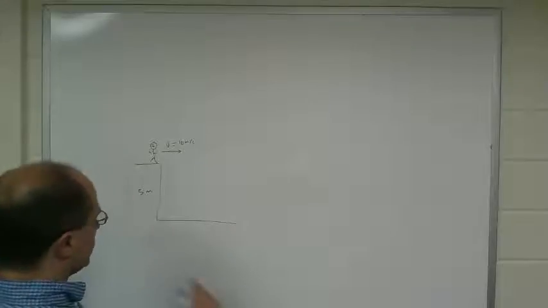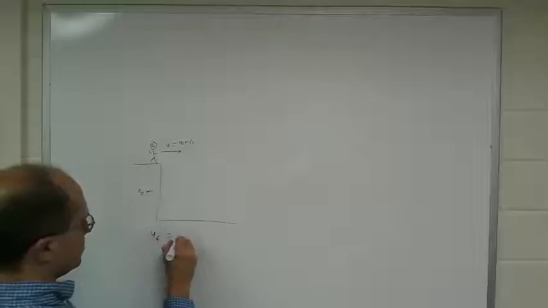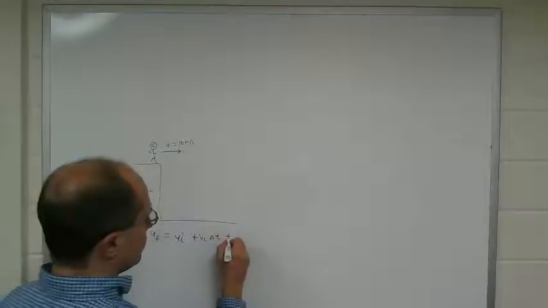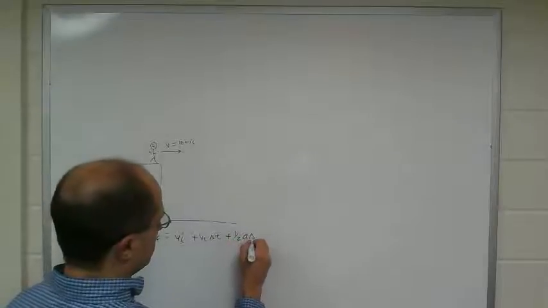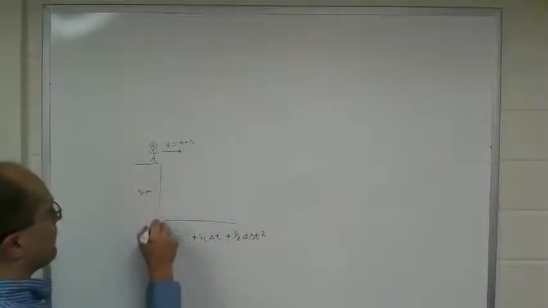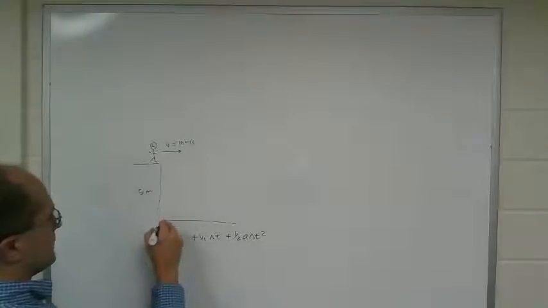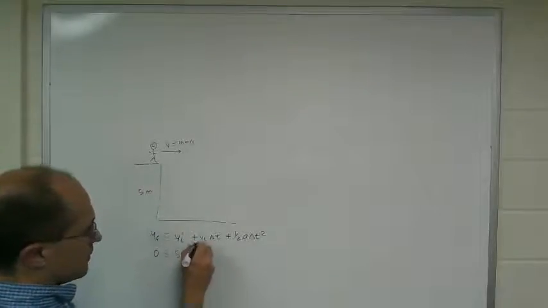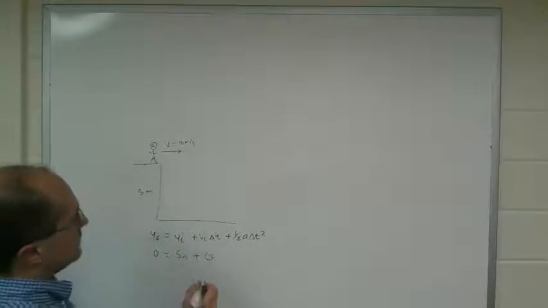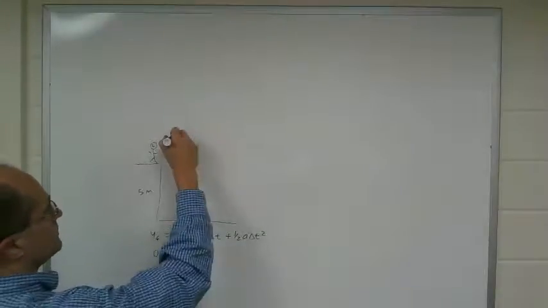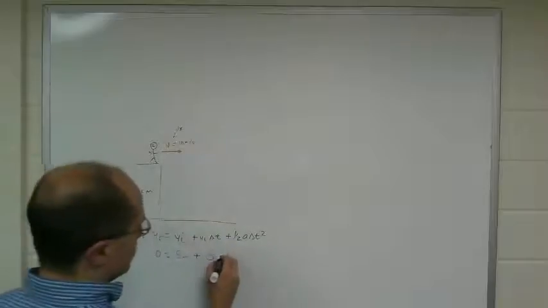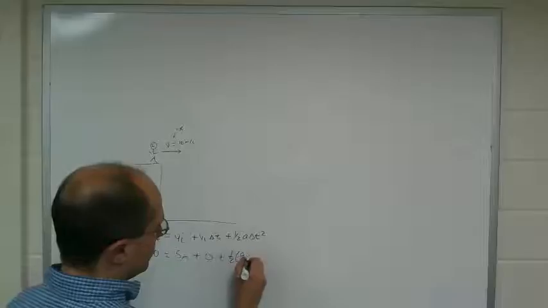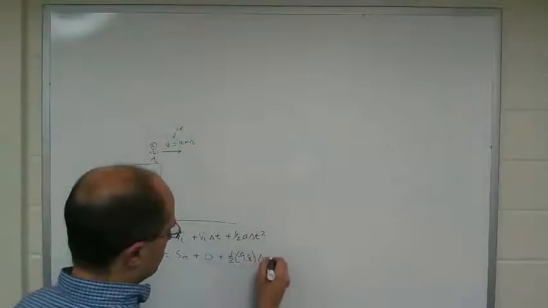is going to come from the fact that y final is equal to y initial plus v initial delta t plus 1/2 a delta t squared. And y final is 0 because it's going to hit the ground. Y initial is our 5 meters. The projectile has no initial speed in the y because it's going in the x, so this is vx. And then we have plus 1/2 of our negative 9.8 delta t squared.